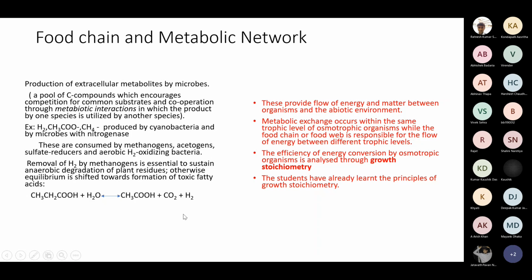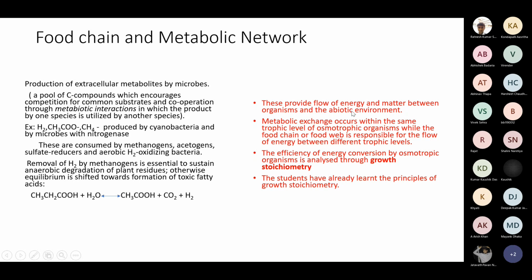So in this reaction, the hydrogen produced by cyanobacteria can be consumed by a group of microorganisms which also consume carbon dioxide, and remove these materials and produce something else in the environment. Therefore, at every trophic level there is a crosstalk. I think the point to be understood in this slide is that there is a crosstalk at every trophic level.